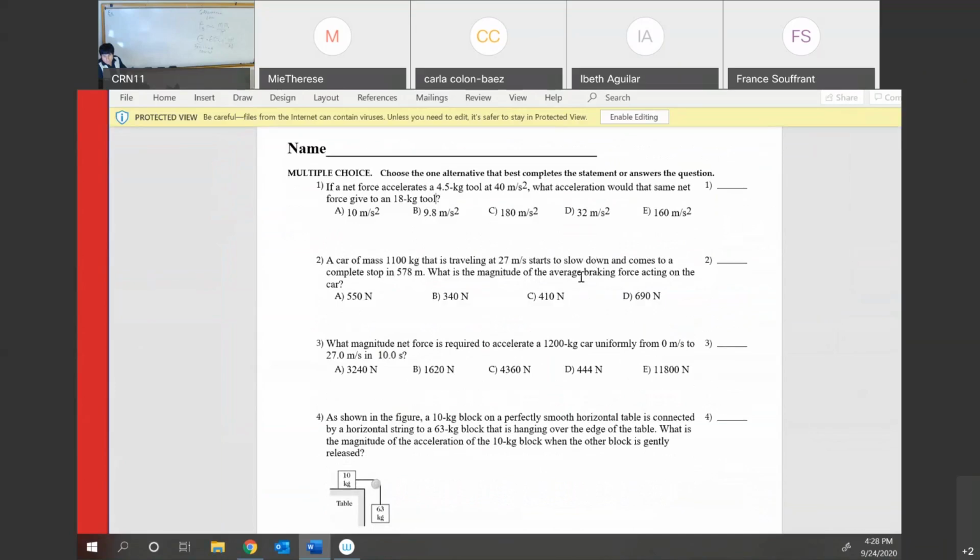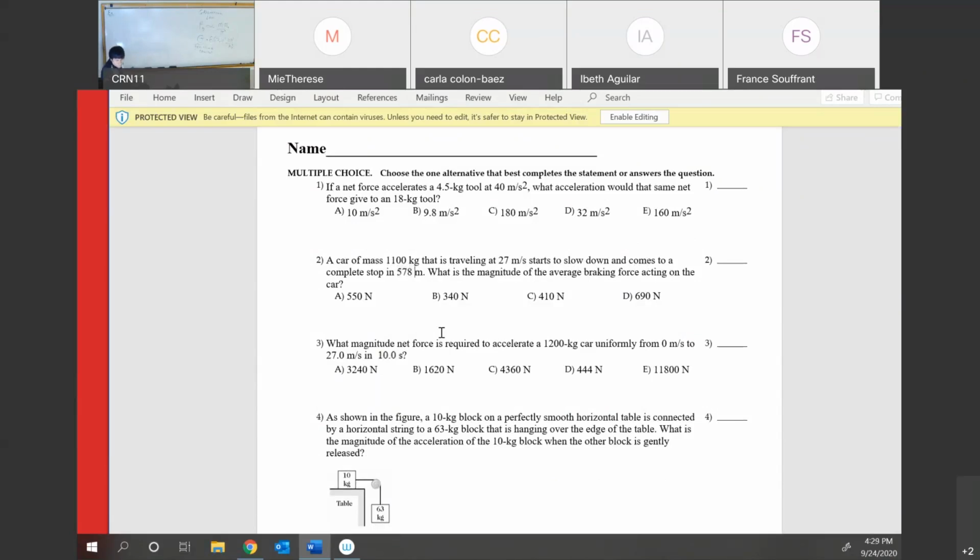All right. We did this problem last class. A car with certain mass traveling with initial speed comes to a complete stop, so the final speed is 0 after some distance given there.